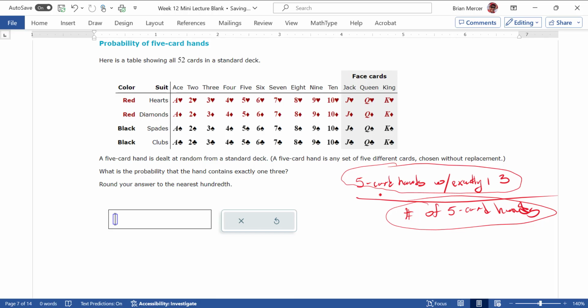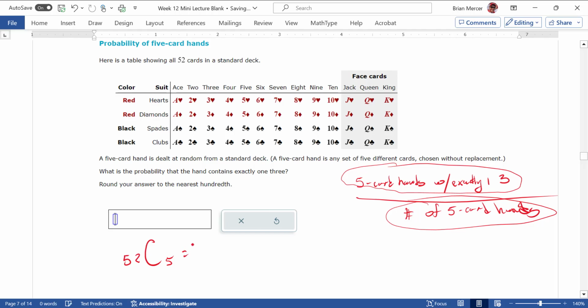So what we're dealing with here, the simple one first, is just how many 5-card hands are there. So that means there's 52 cards, and we're looking for the combinations of choosing 5 of them out of 52.